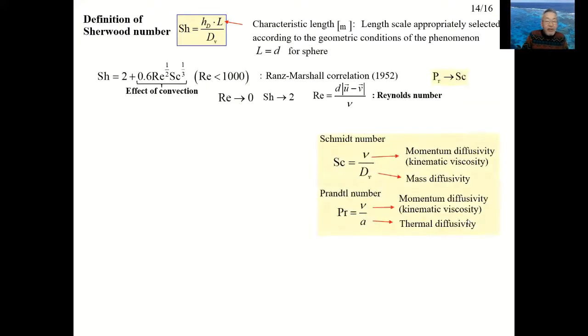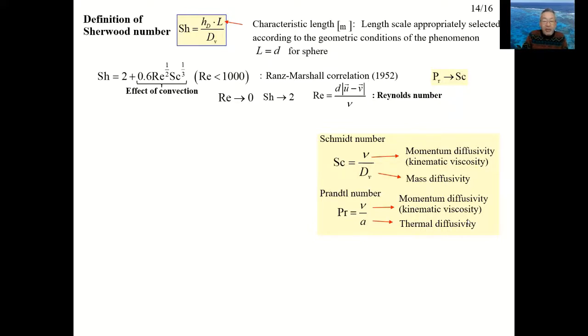Here is an example of an empirical formula for the Sherwood number. It's very similar to the Nusselt number for the heat transfer coefficient. The Schmidt number appeared instead of the Prandtl number. The Schmidt number Sc is a non-dimensional number defined by momentum diffusivity divided by the mass diffusivity.